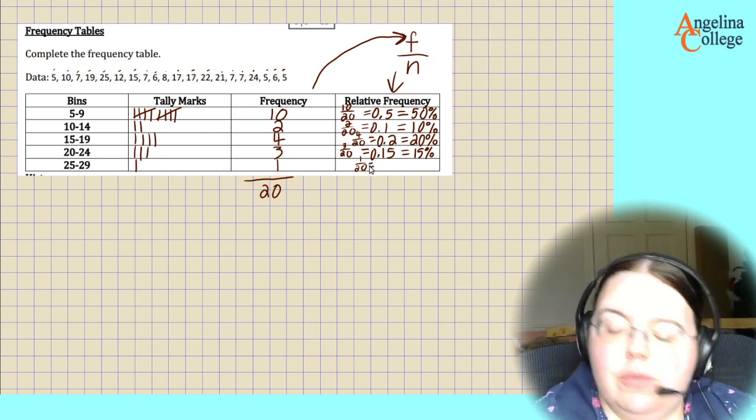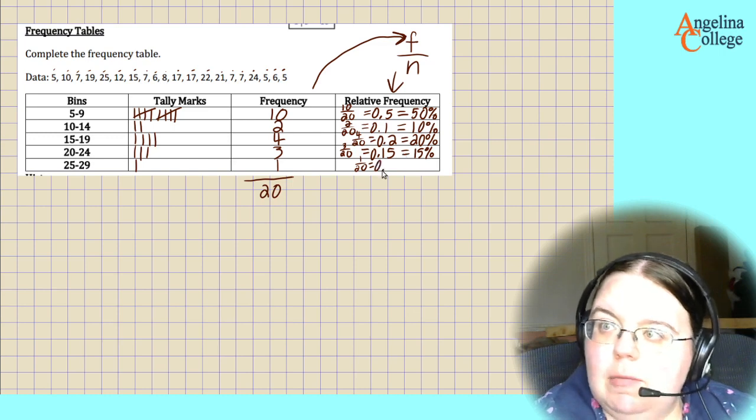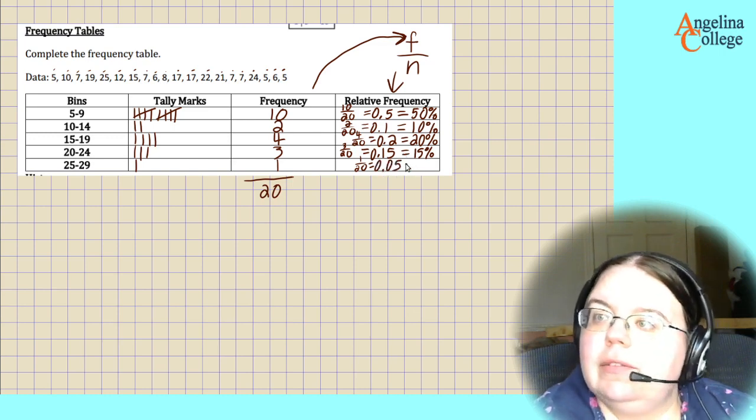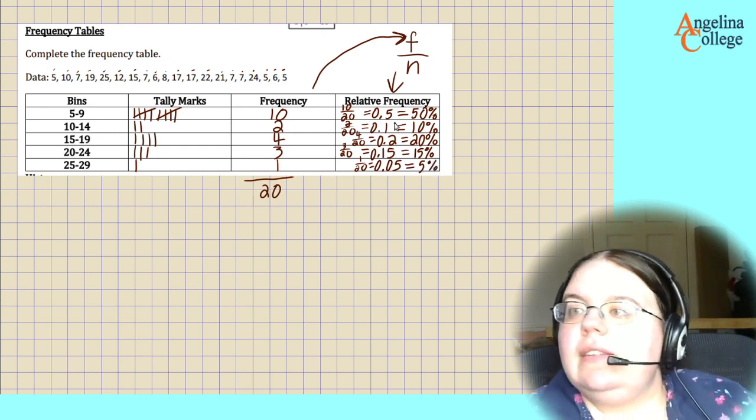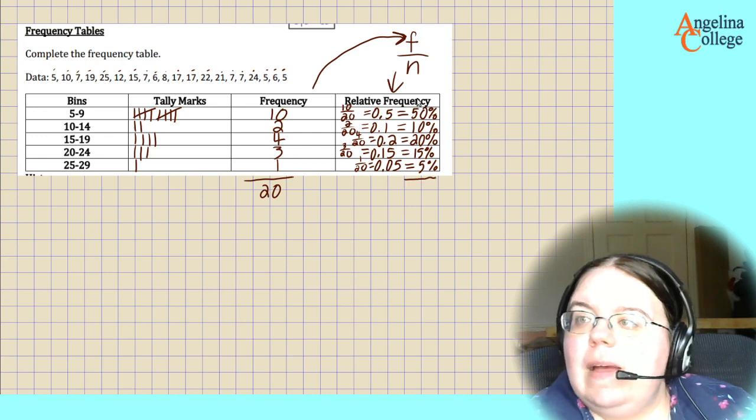And then 1 out of 20 is 0.05, which would be 5%.